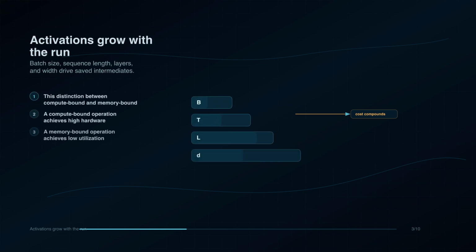This distinction between compute-bound and memory-bound operations is crucial. A compute-bound operation achieves high hardware utilization because the arithmetic circuits are busy. A memory-bound operation achieves low utilization because the circuits sit idle waiting for data.